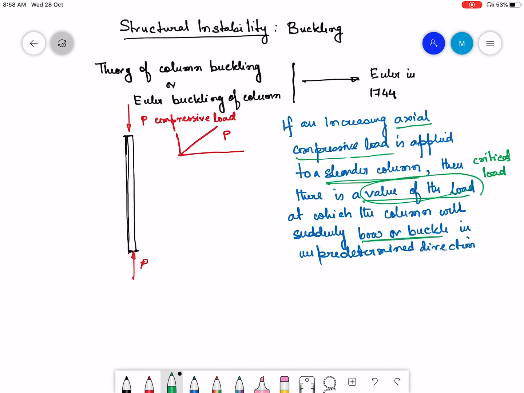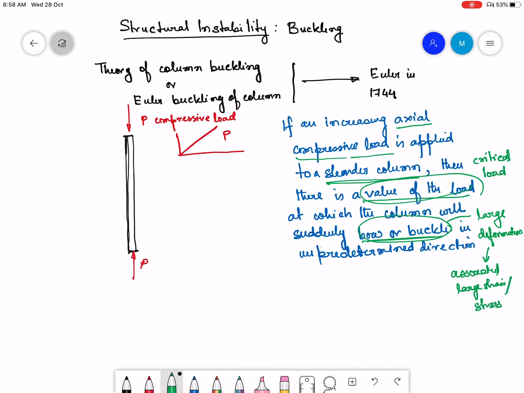So this is going to produce a large deformation, and since it is a large deformation, this will be associated with large strain and stress, and of course it is going to fail.